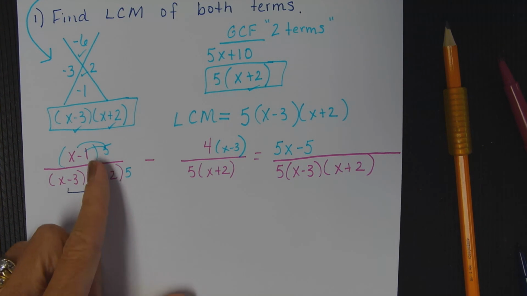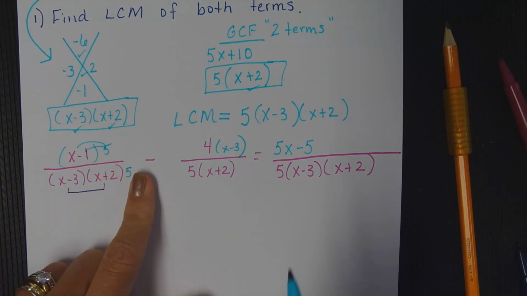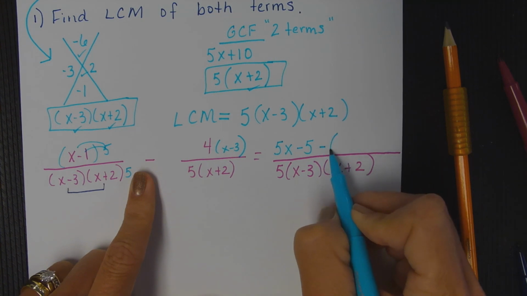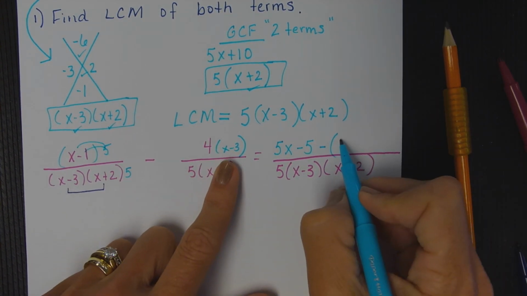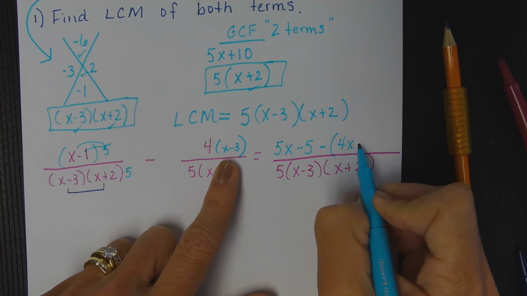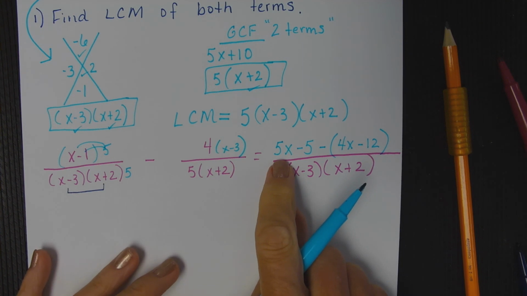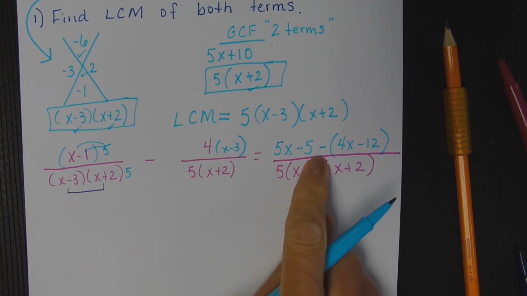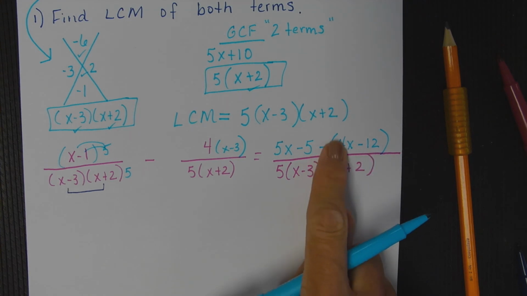Okay? All I'm doing is just multiplying. Minus 4 times x minus 3 is 4x minus 12. Please be careful. This subtraction, what's going to happen?